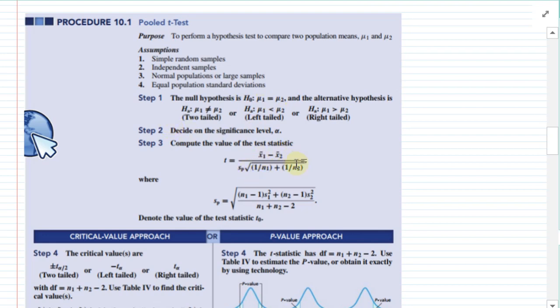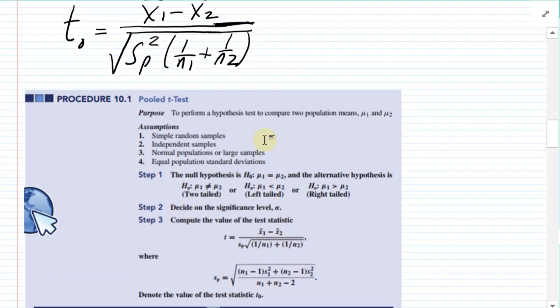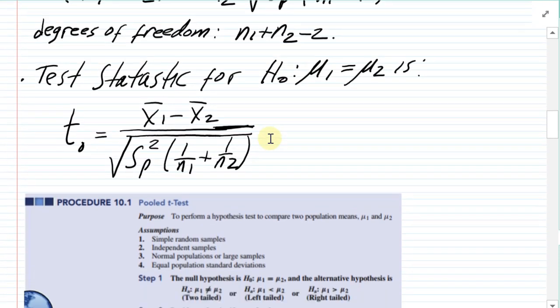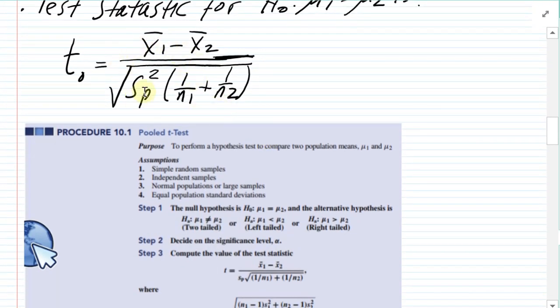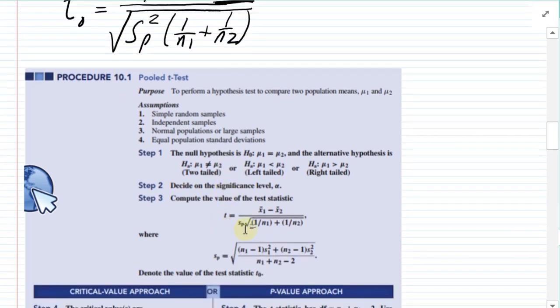And this is our test statistic that I had up here. Let's see, right in here. That's exactly what's down here. And the difference is, see that SP out, when you take the square root of S sub P squared, the pooled variance, you can bring it outside, and it becomes SP. So anyway, that's what that is.